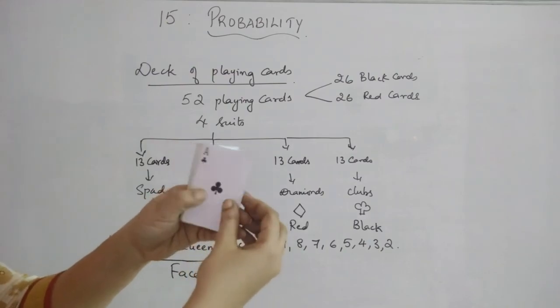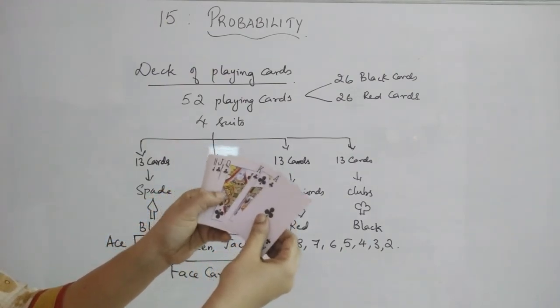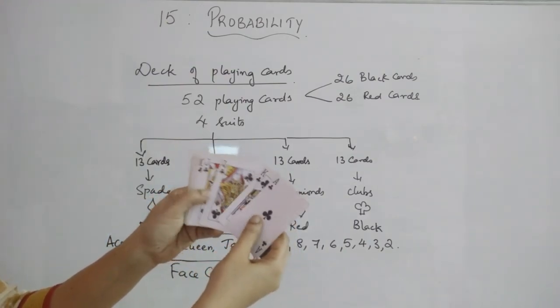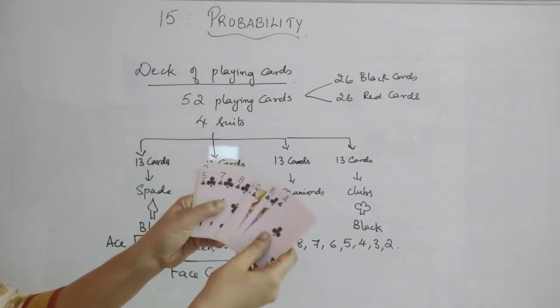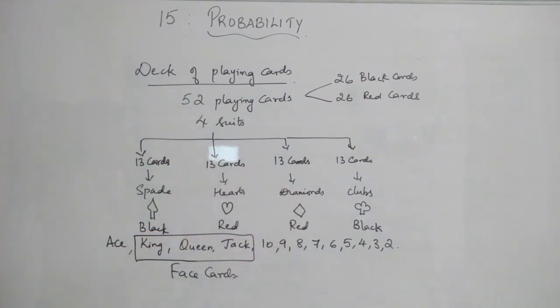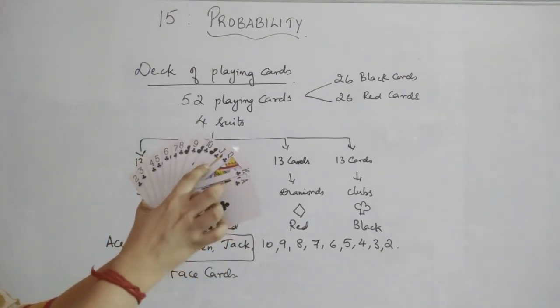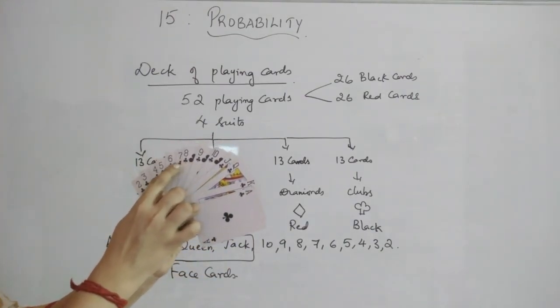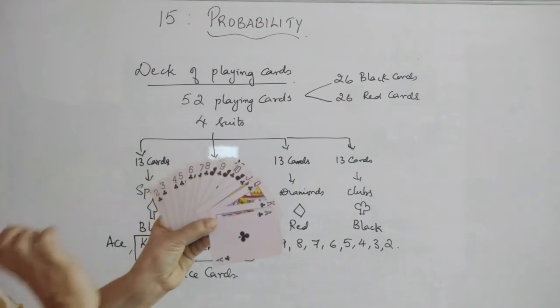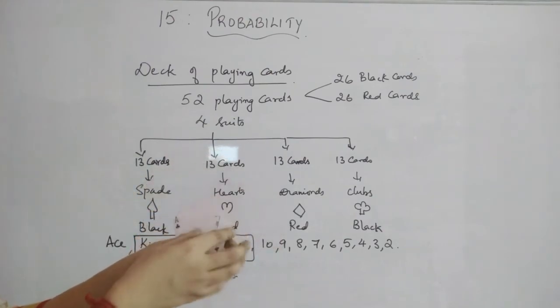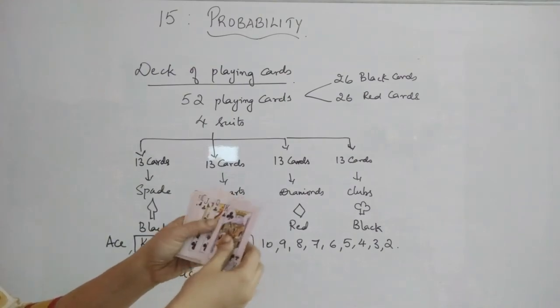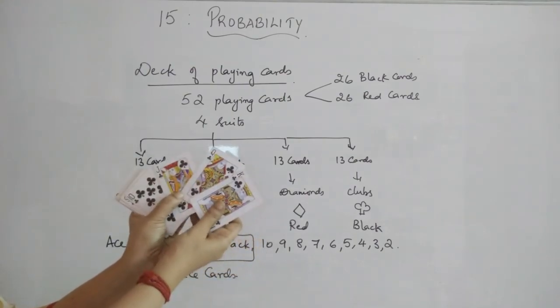Here again you have ace, king, queen, jack, 10, 9, 8, 7, 6, 5, 4, 3, 2, total 13, and you have king, queen and jack as the face cards.